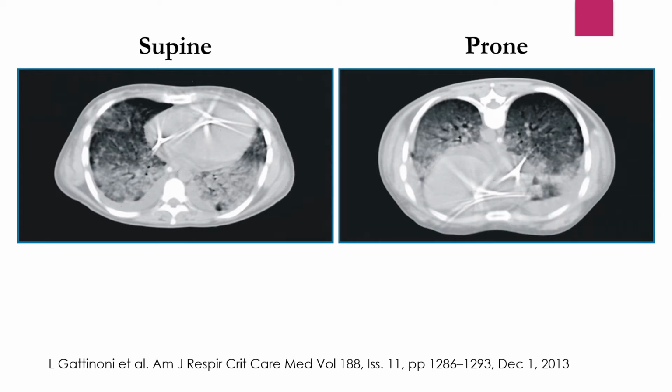When the patient is turned prone, you can see the heart now lying against the anterior chest wall and therefore no longer compressing the left lower lobe, and you can see much improved aeration of the dorsal aspects of the lung. Now there has been a little bit of atelectasis affecting the ventral aspects of the lung when the patient is turned prone, but that is far less than the increase in aeration that you see in the dorsal aspects.